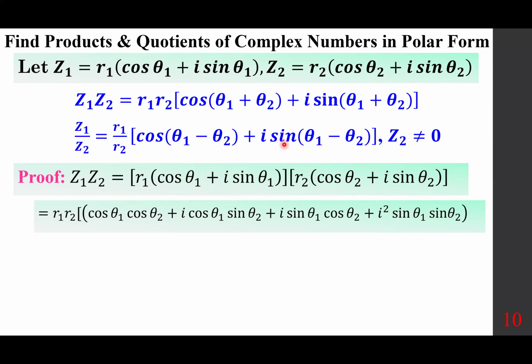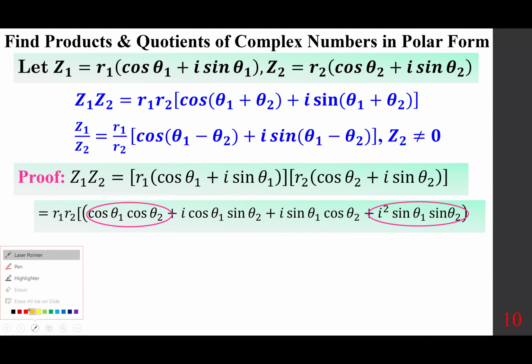So one more time. These two, just this one. And you multiply these two, you get this one and you have an i. You multiply these two, you have an i. And you multiply these two, you get i squared. So notice we have R1 R2. We are going to combine these two because this becomes minus, right? i squared is minus 1.